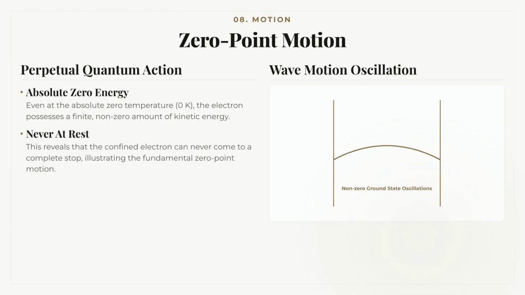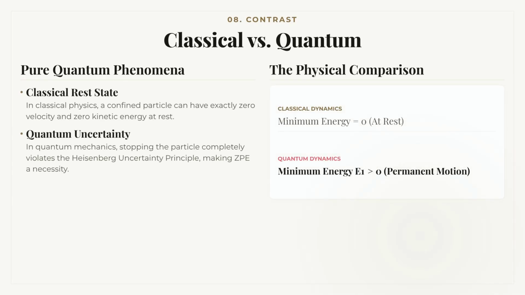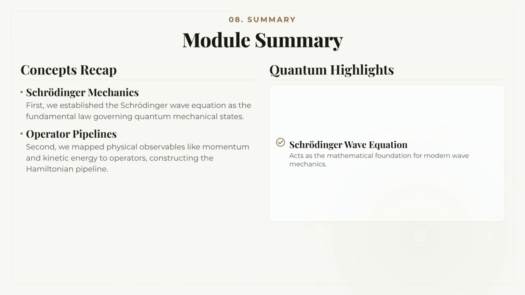In summary, Schrödinger's wave equation provides the fundamental mathematical framework for quantum mechanics. When applied to a free particle, it describes the allowed quantum states through wave functions called orbitals. When applied to a particle confined inside a one-dimensional box, it reveals that only standing wave solutions satisfying the boundary conditions are possible.